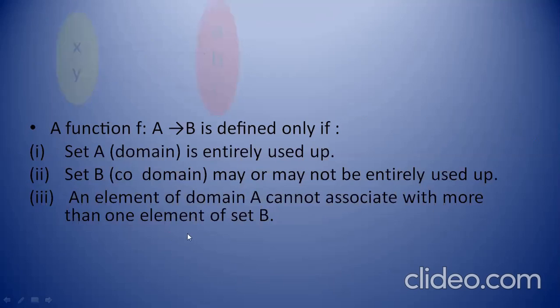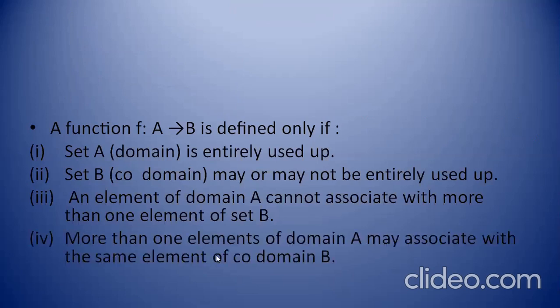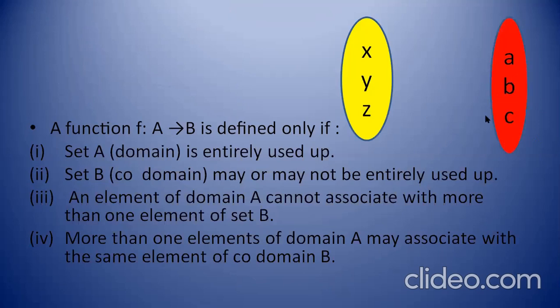Look at the fourth point. More than one element of domain A may associate with the same element of codomain B. Look at this example. x, y, z are the members of set A and a, b, c are the members of set B. x is associated with a and y is also associated with a, and z is associated with c.